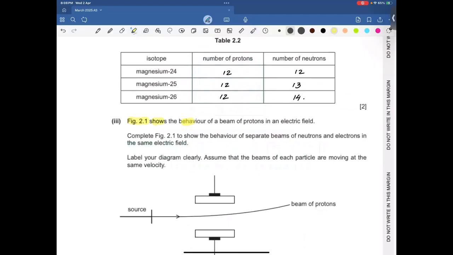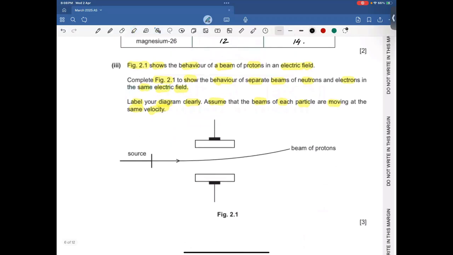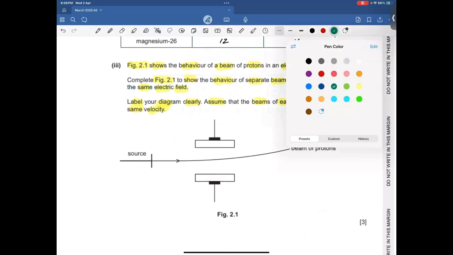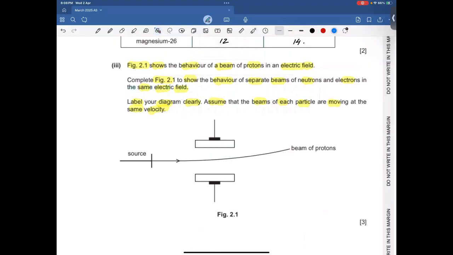Figure 2.1 shows the behavior of the beam of the particles in an electric field. Complete table 2.1 to show the behavior of the separate beams of neutrons and electrons in the same electric field. Label your diagram clearly. Assume that the beams of each particle are moving at the same velocity. So first of all, let me mark the reference line.